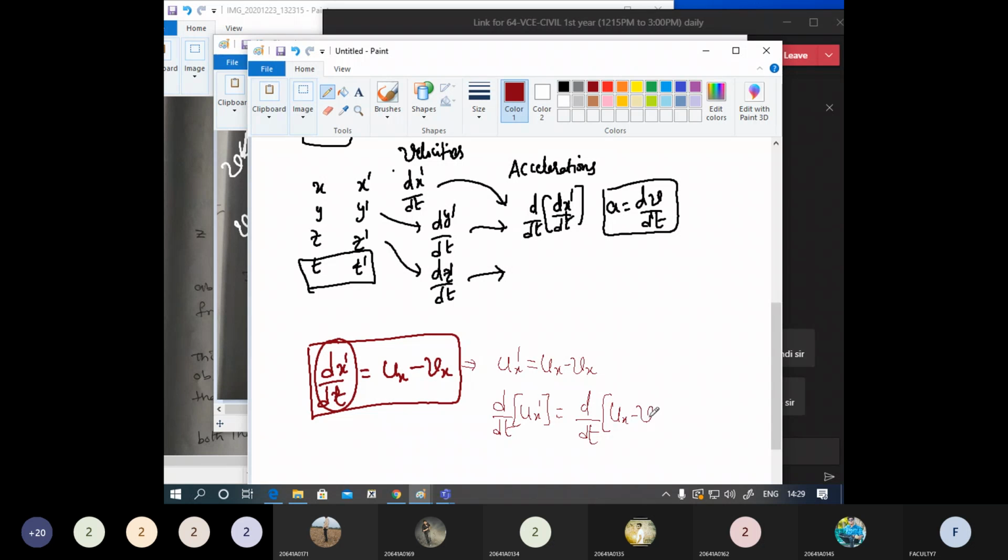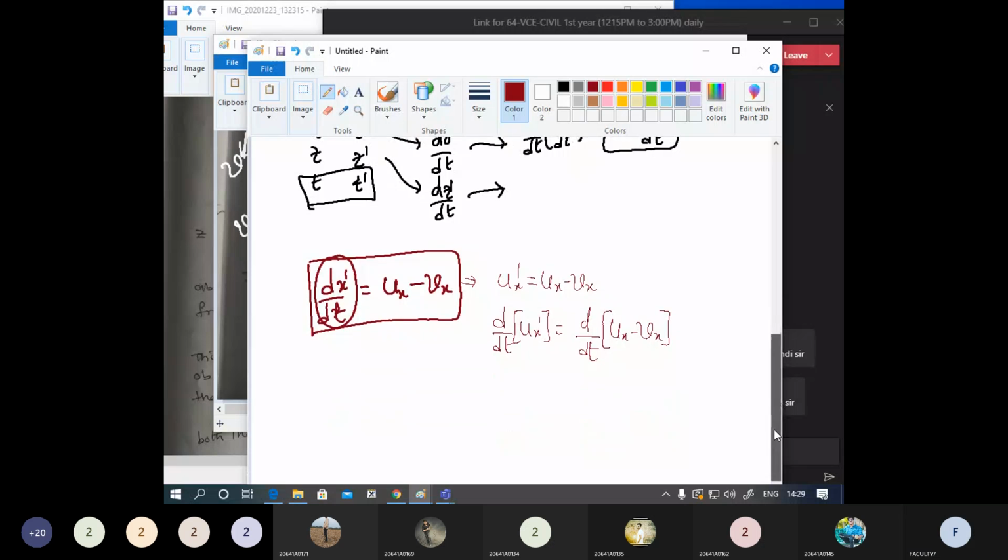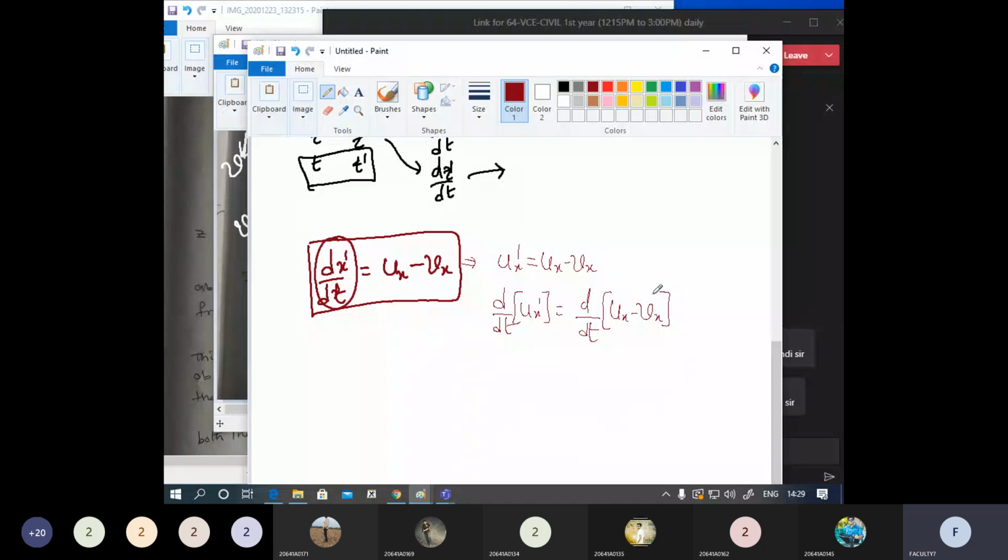Here the velocity v is constant, as we mentioned earlier. If we differentiate a constant, we get 0.